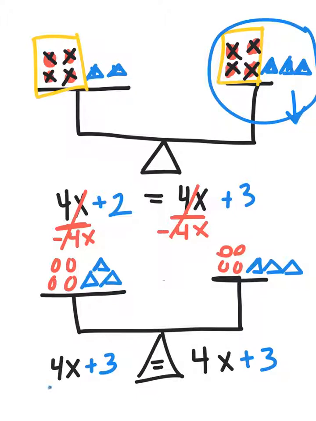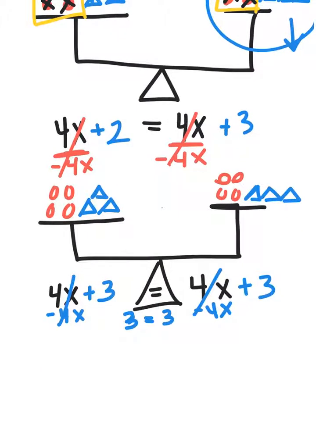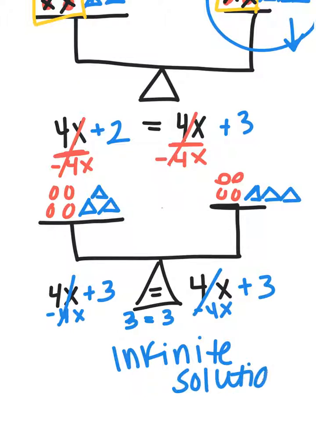If I subtract my 4x from both sides, those cancel, leaving me with 3 equals 3. And so that tells me this is going to have infinite solutions because I'm left with a balanced scale when I take away the 4 red circles.